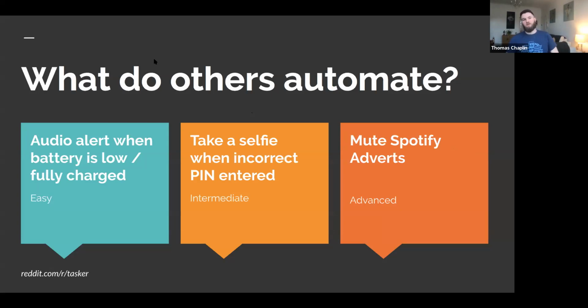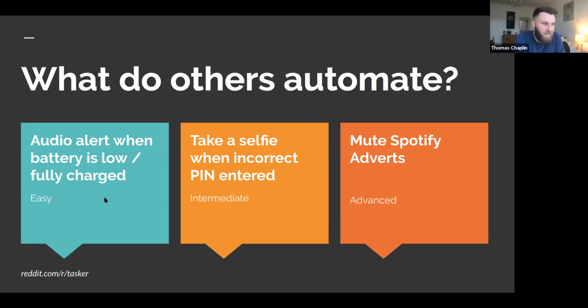And so what have other people automated with Tasker? There's a Reddit page where people have posted what they've done with Tasker. I don't know how active it is because I only look at it every now and then, but an easy example would be an audio alert when the battery is low or fully charged.